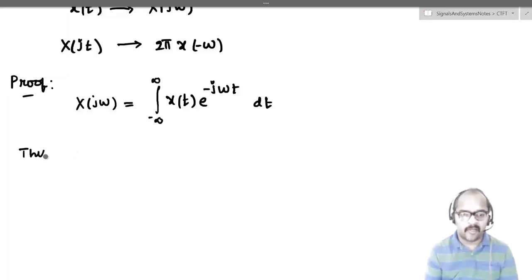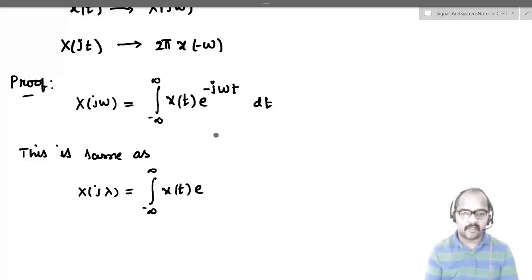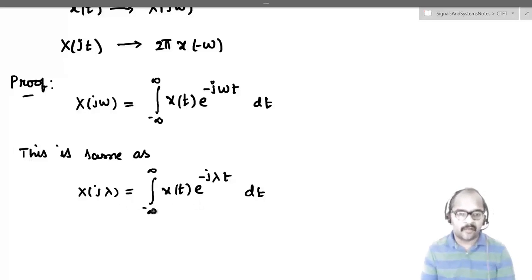So X of j lambda is equal to the integral from minus infinity to infinity of x of t e power minus j lambda t dt. Still this is the Fourier transform of x of t, but the variable changes. Instead of using omega, we are using lambda.